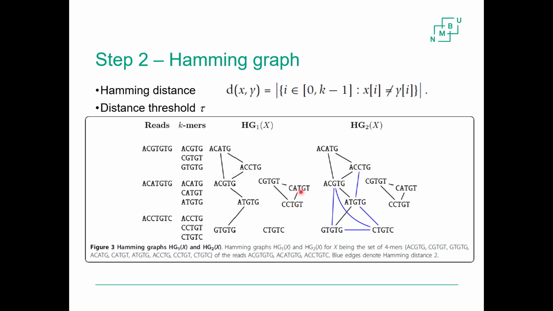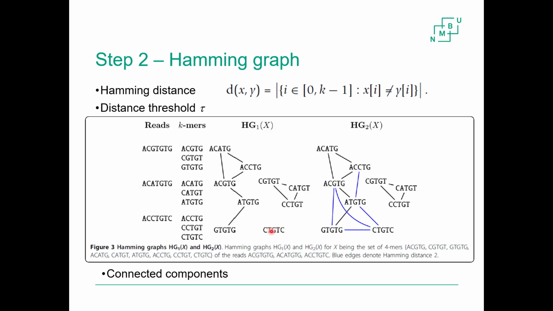That's why one part of the graph is here. This is what we call a connected component. Connected components are the parts of the graph that are connected: you can walk from one k-mer along edges to another k-mer. These three are also connected. And this one here is a singleton, as we call it. It's alone.